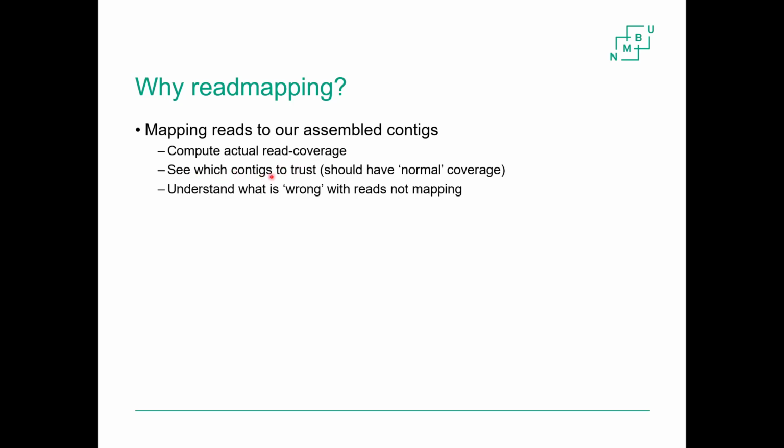This can be used to evaluate the contigs, to see if you have normal coverage, because when you do single genome sequencing, in principle all the contigs should have more or less the same coverage, right? We know that coverage varies a little bit due to a Poisson distribution, but not very much.